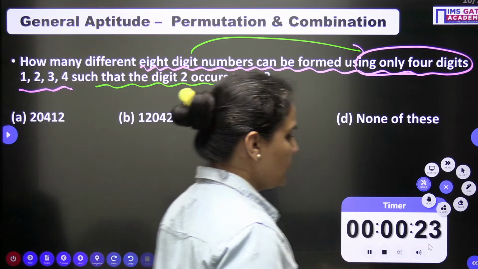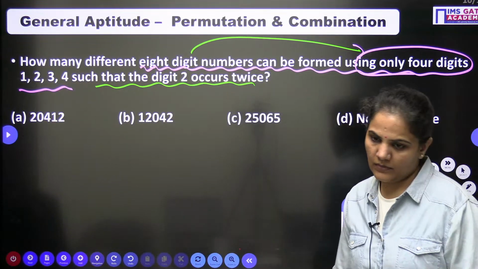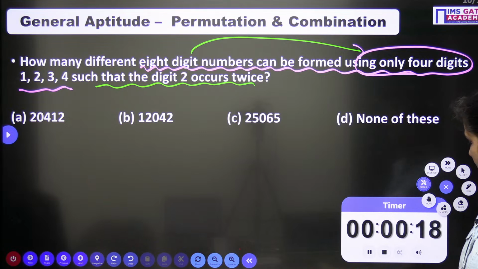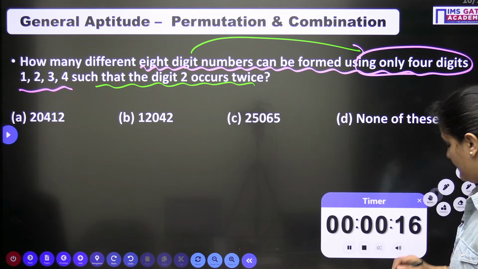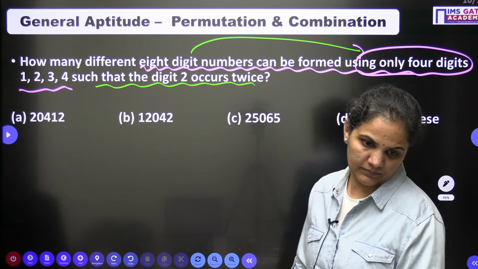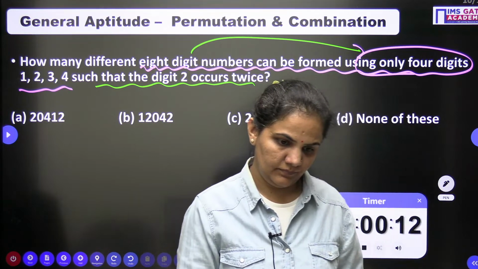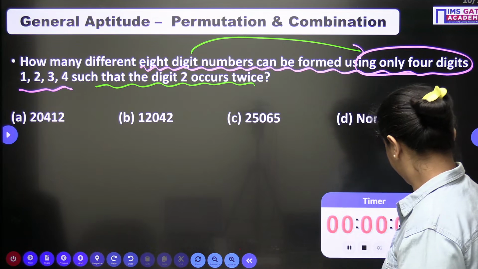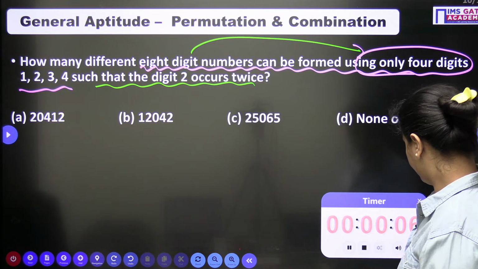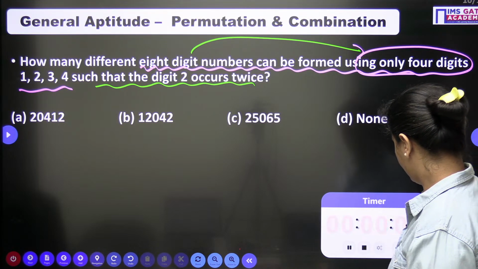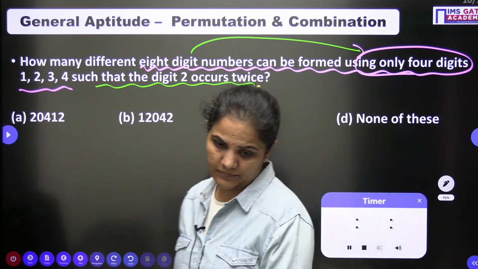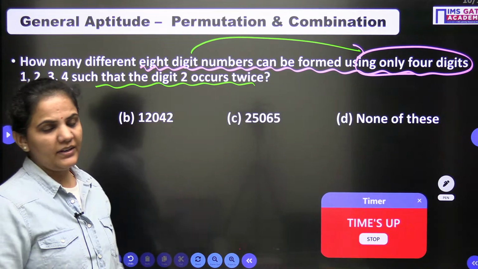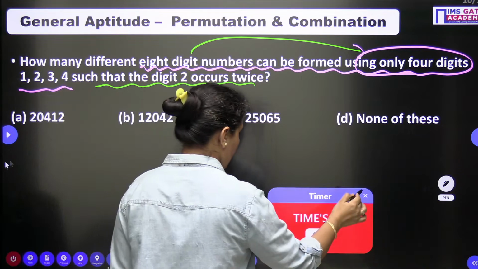Now let's approach it, bacho. How many different 8-digit numbers? Now let's have a discussion.